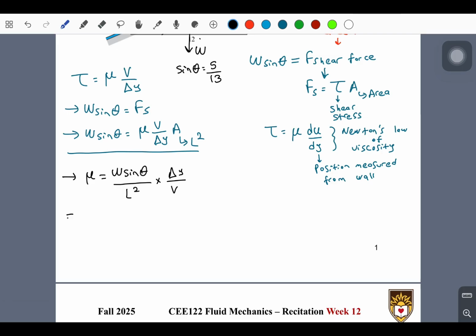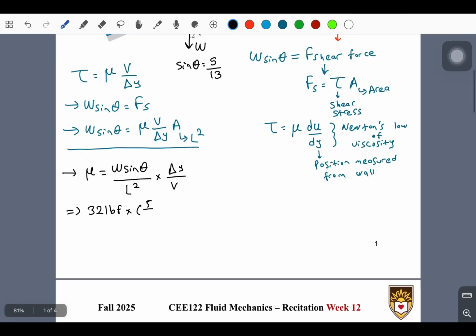The weight was 32 pound force, so we have 32 lbf. The sinus is equal to 5 divided by 13. L square is the dimension of the board, so it is actually 3 square.